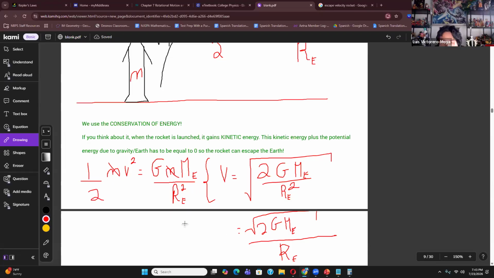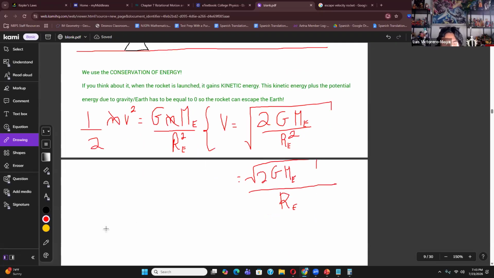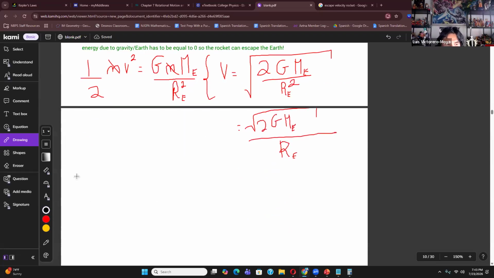So let's find it as an exercise. Let's find the escape velocity for the Earth.